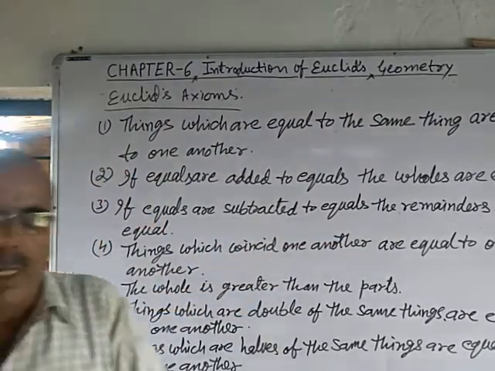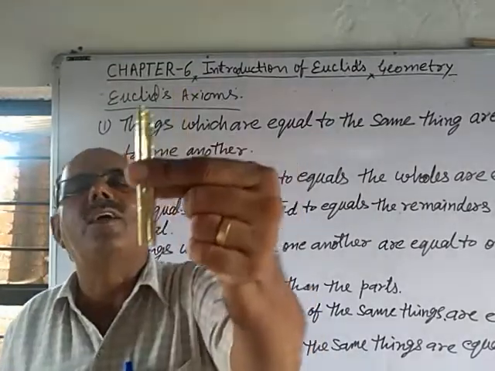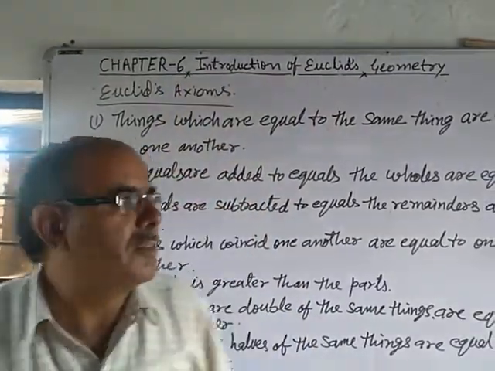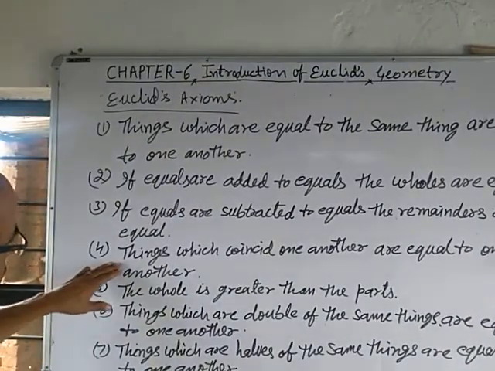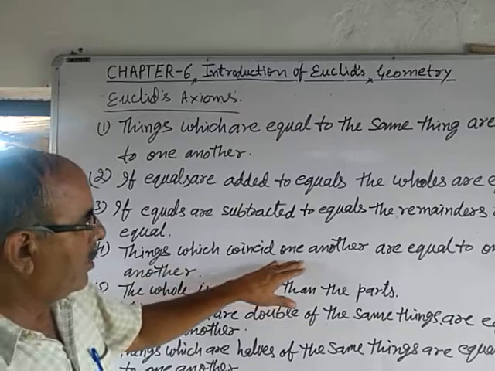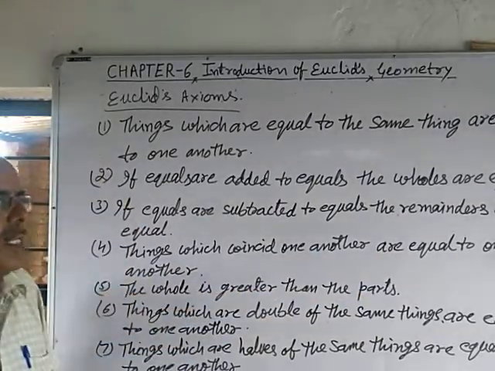If equals are subtracted from equals, the remainders are also equal.